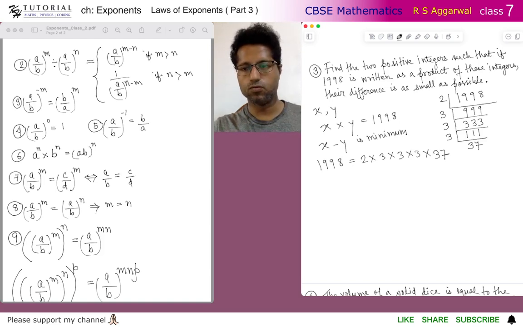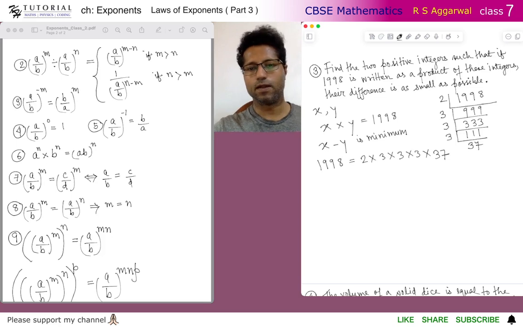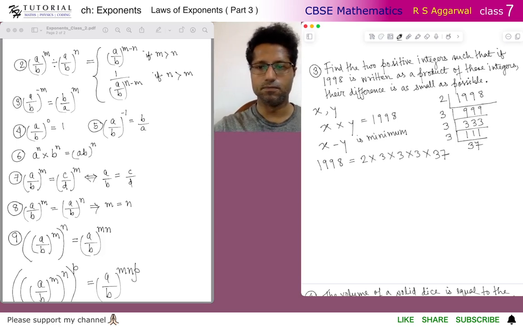Now if we consider 37 as one number, we have to find two factors so that the product is 1998, but the difference is minimum. If we consider 37 as one number, the other is 2 times 27, which is 54.